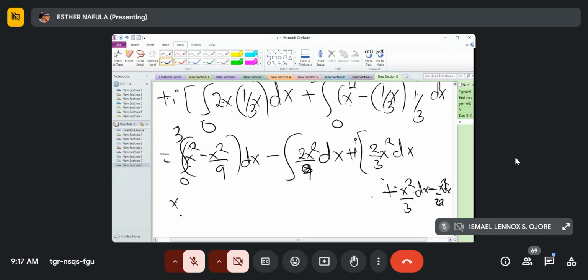We'll have x cubed over 3 minus x cubed over 27.